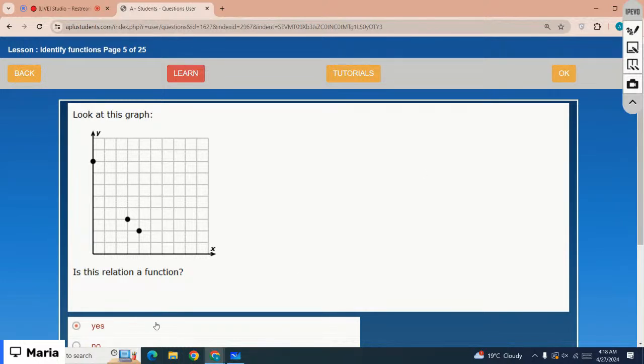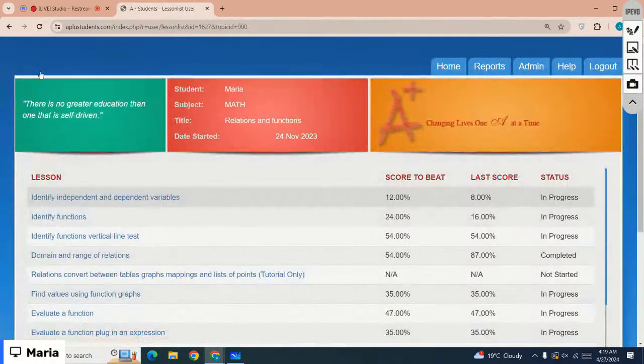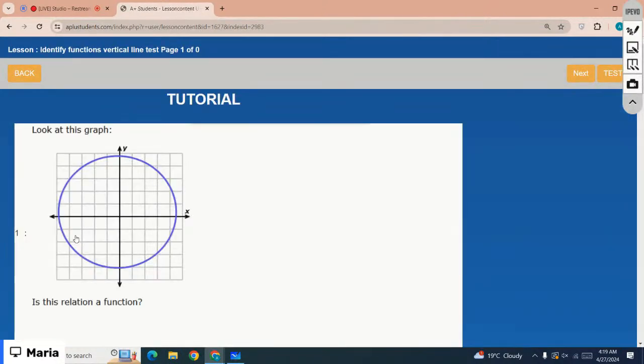Okay, you can complete the lesson by yourself later today. Let's just move on to the next lesson. And the next lesson is identify functions with vertical line test.